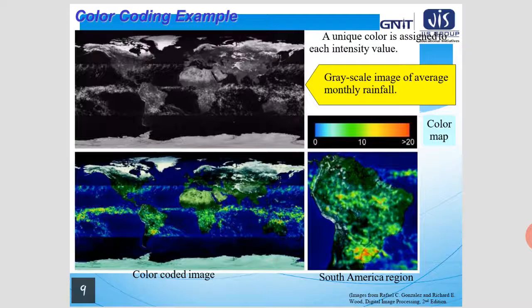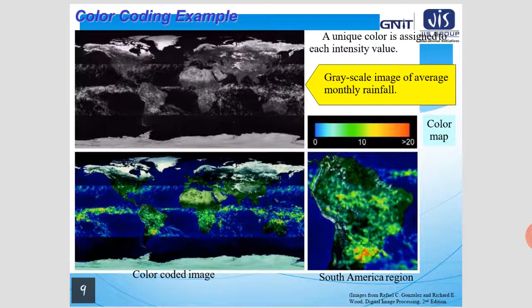We cannot differentiate the different grayscale values, but if we use a color map in the next image, the color coded image from that grayscale image gives us a clear idea about the corresponding average monthly rainfall.